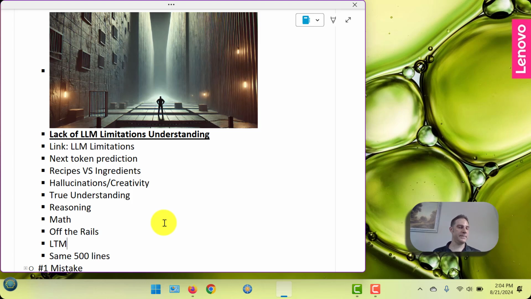And along the same lines, reasoning. Is it actually reasoning? I think in general, again, the answer is no, but it's a bit of a philosophical question as well. And again, I think that it's mimicking reasoning in general. Now, if we look back at recipes versus ingredients, it can kind of come up with somewhat novel reasoning or mimicking or having some sort of novel understanding.